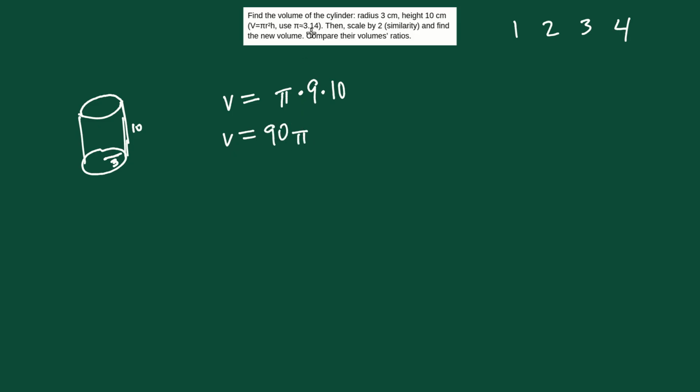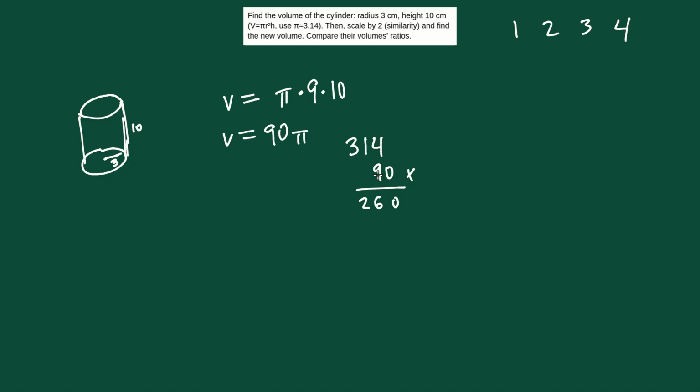And it looks like they want us to actually calculate to the decimals. So they tell us to use this approximation. So let's do 3.14 times 90. So remember, 2 decimals, we'll add that at the end there. Okay, so 9 times 4 is 36. Carry the 3. 9 times 1 is 9, plus 3 is 12.